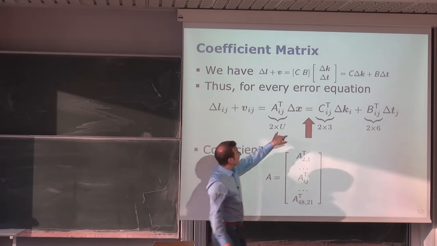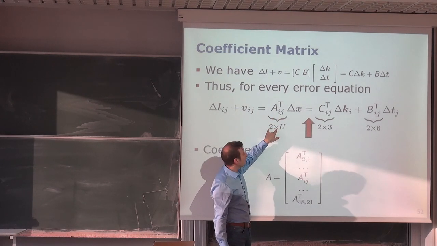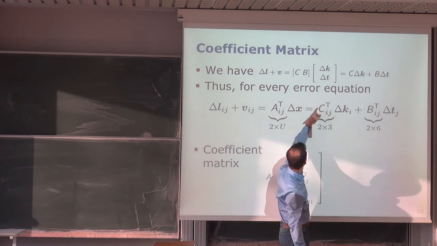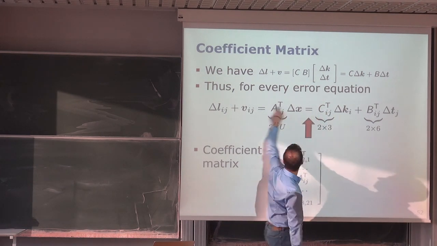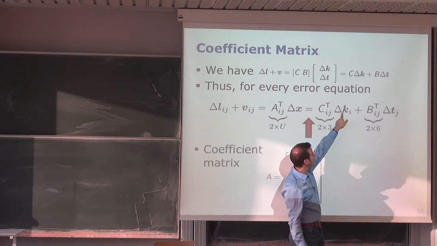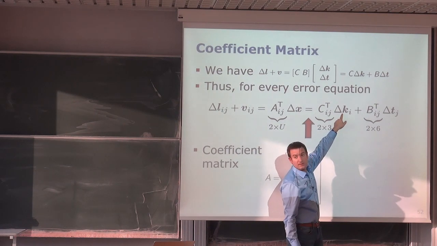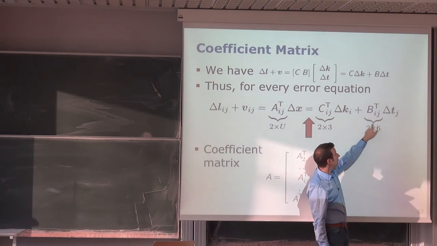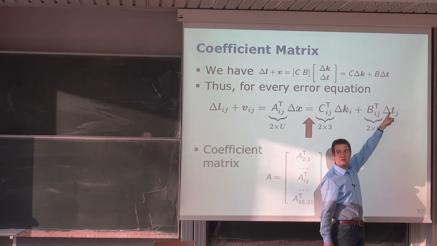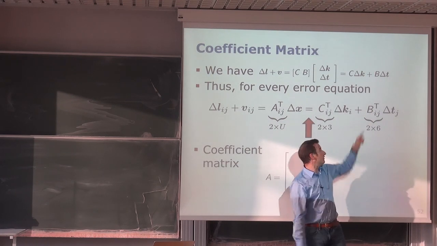So that means the only elements that matter in this equation are a 2 by 3 matrix, because we're mapping into the 2D space of our xy observations from the 3D location of my point i in space, and a 2 by 6 matrix mapping from the orientation parameters of my camera into the observation space.